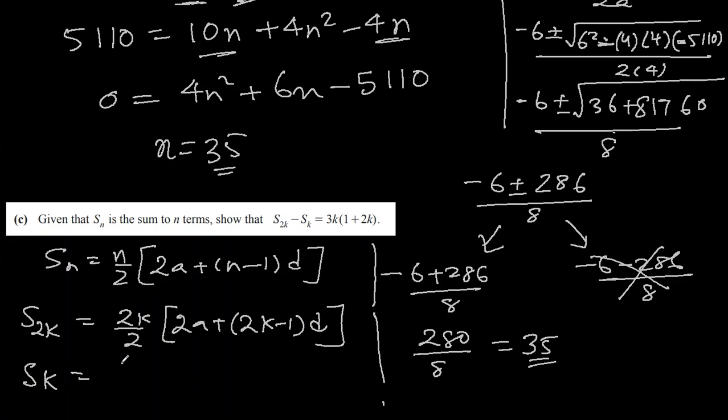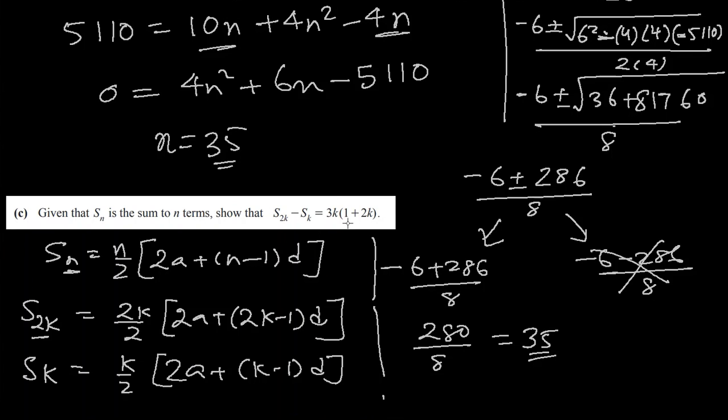Sk will be k over 2, right? In first case, I replace n by 2k. In second one, I'm just substituting n by k. So it will become 2a plus k minus 1 d. Now we have to show that the difference is 3k times 1 plus 2k. So let me write it somewhere so that we can compare it later. Alright.